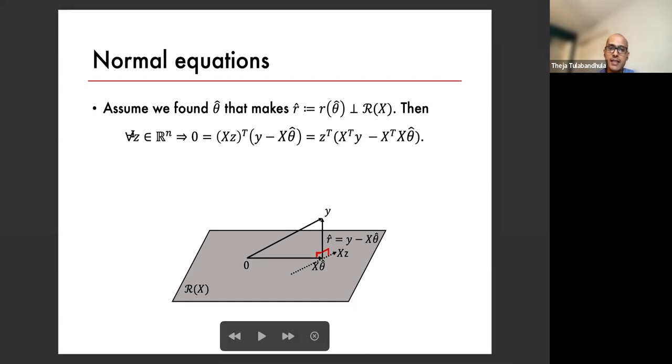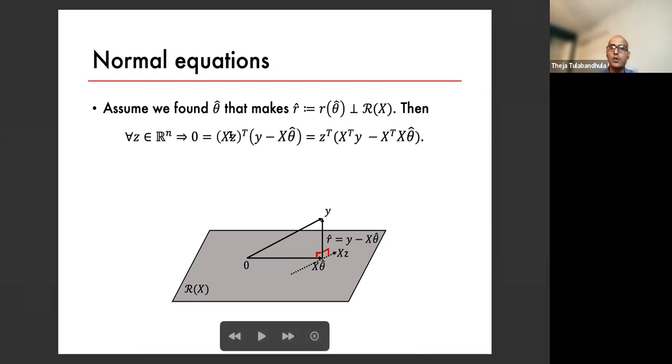Then for every z, which is the same dimensionality as the theta vector itself, like say 4-dimensional, theta naught, theta 1, theta 2, theta 3, xz is something which is in the range space.